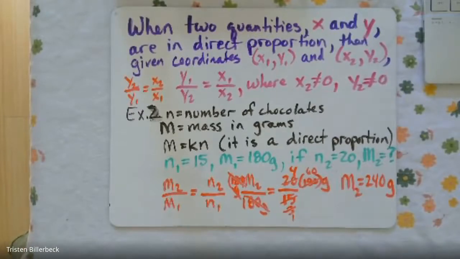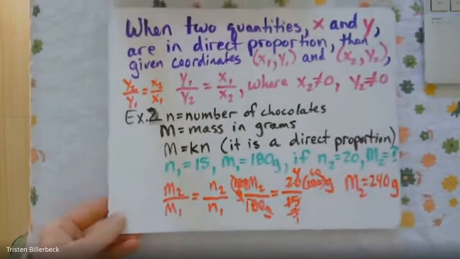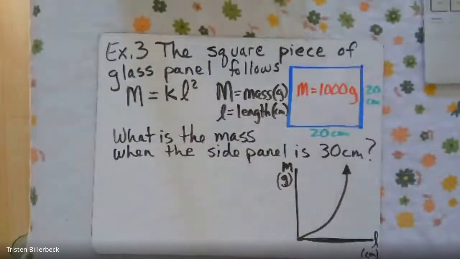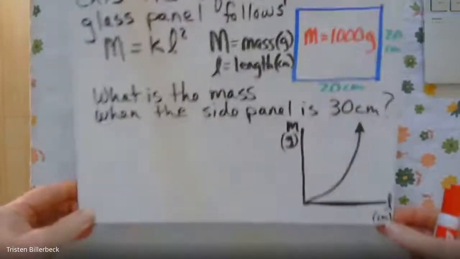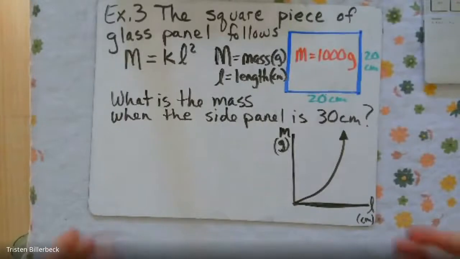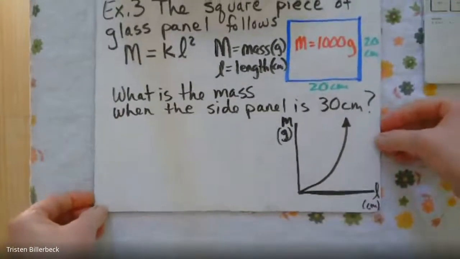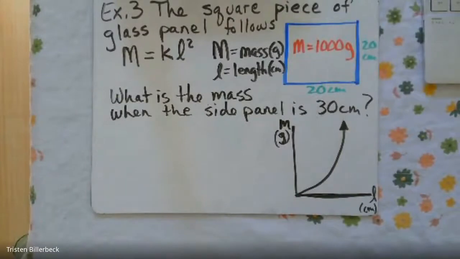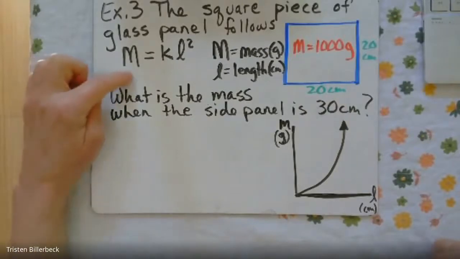All right, so let's do the last example here. All right, here we go. Let me get that so you see it. All right, so example 3, we have a square piece of glass panel, and it follows this rule.